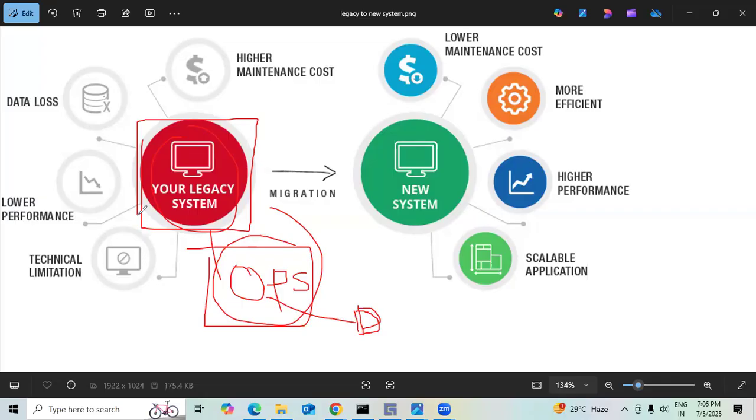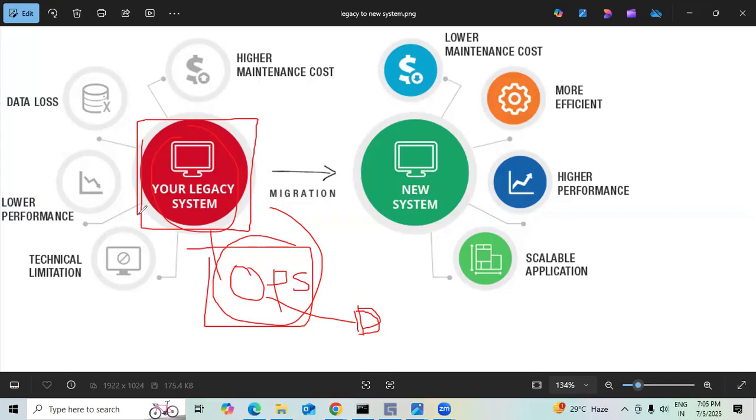So in the beginning days, this was all good. But over a period of time, business requirements changed from time to time, or our business operations went to the next level.